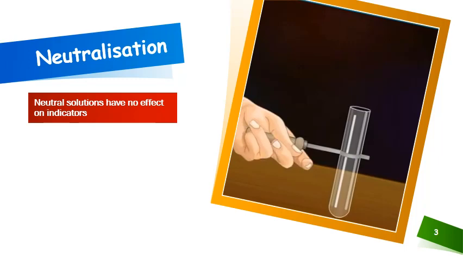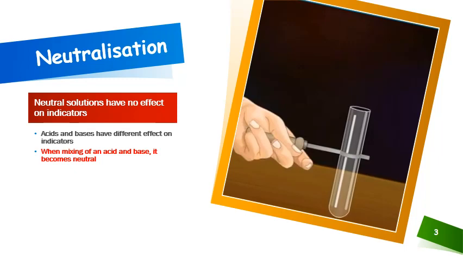Okay, let us learn one by one point. First, the acids and bases will have different effects on the indicators, isn't it? When you take methyl orange or phenolphthalein, these indicators will behave in different ways with acids and bases by changing their colors, isn't it?